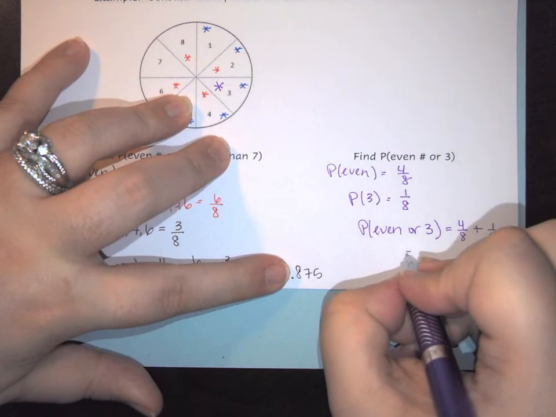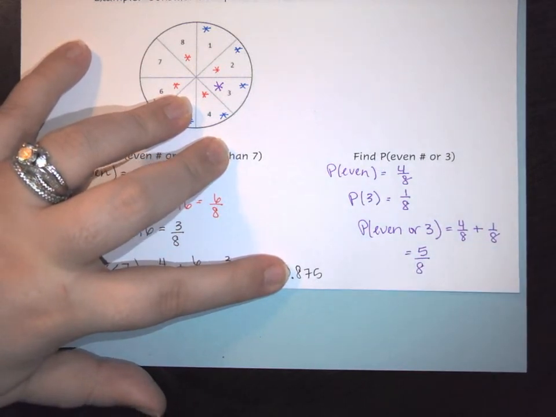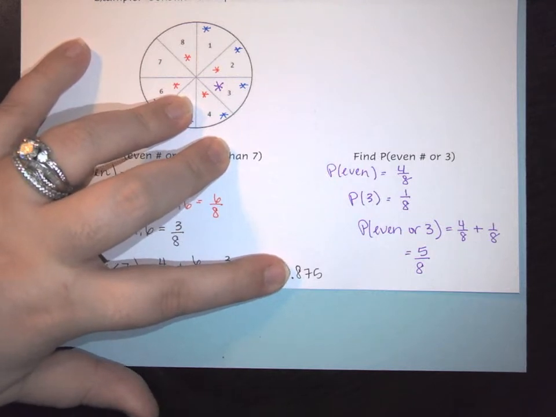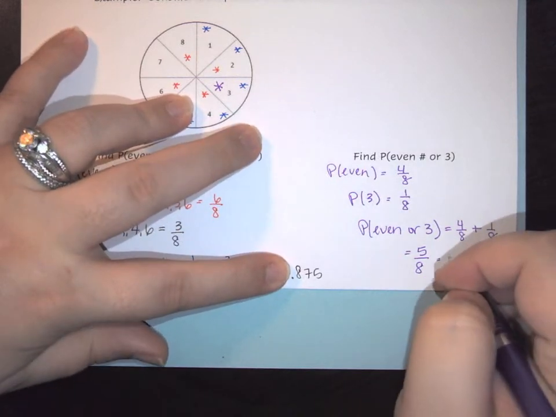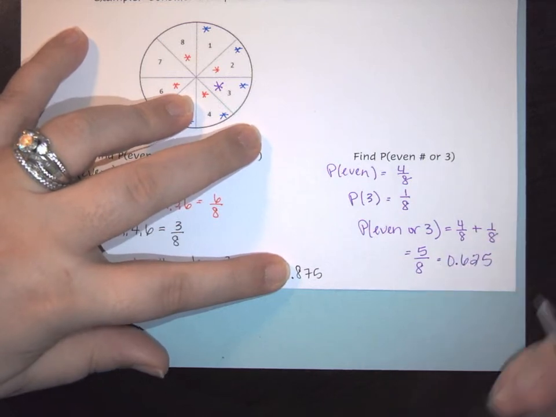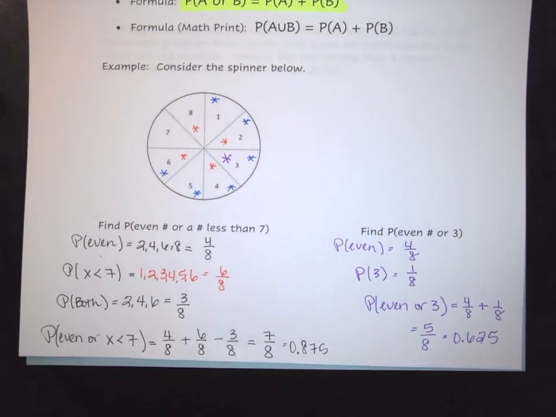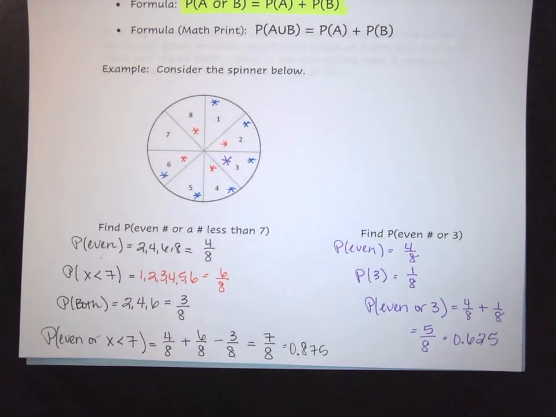We end up with my probability being 5 out of 8, which, as we all know, probabilities are going to give you a decimal. So this is going to be 0.625. Okay, so in a nutshell, that is what we're looking at when we are looking at our probabilities.